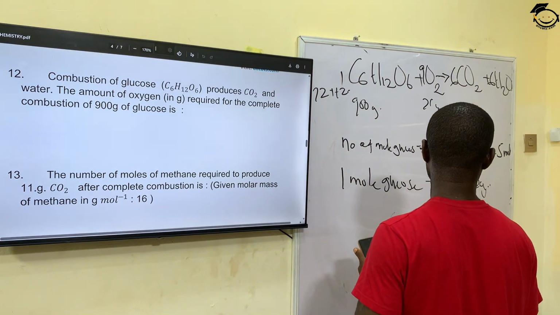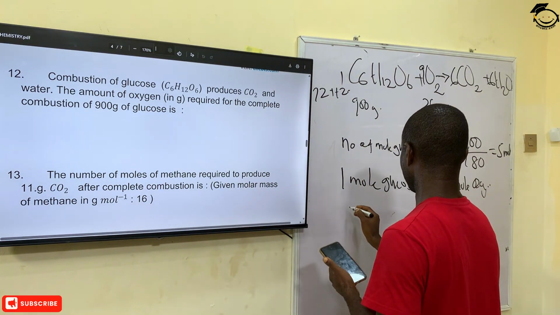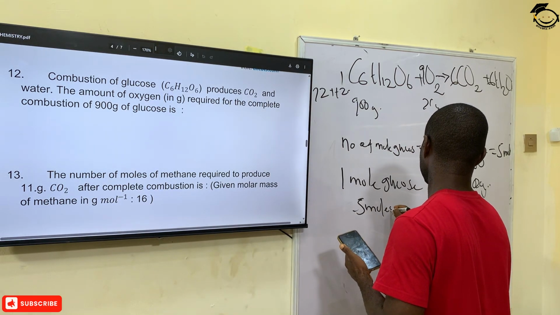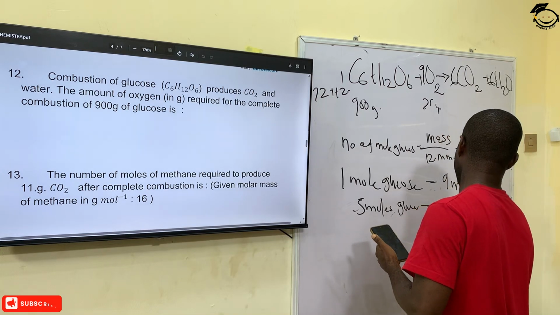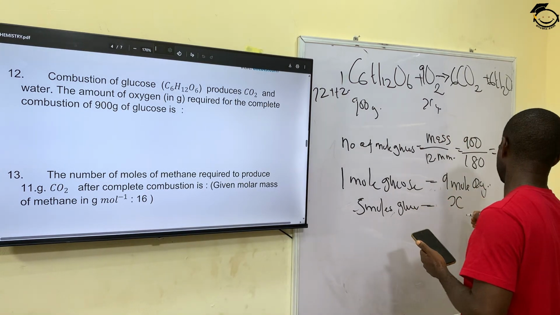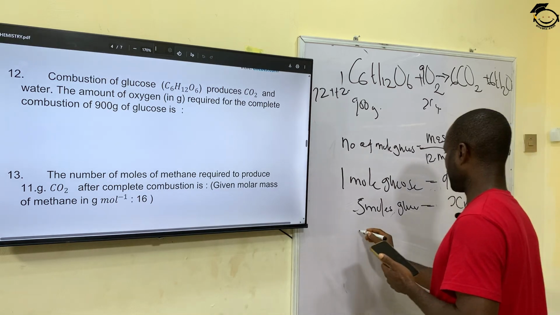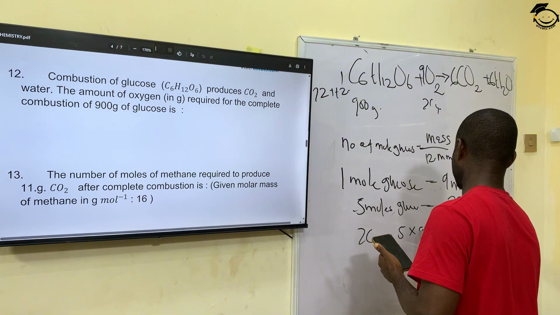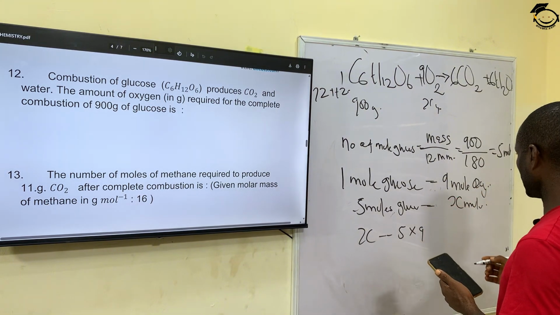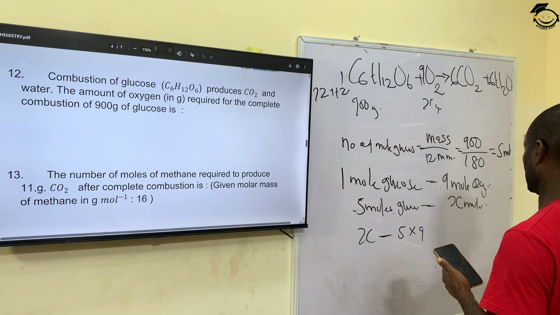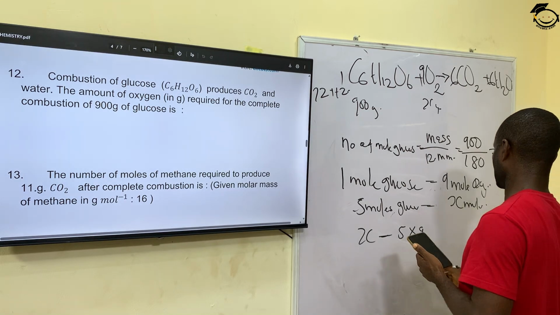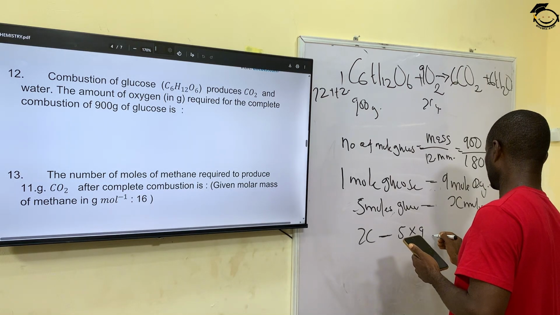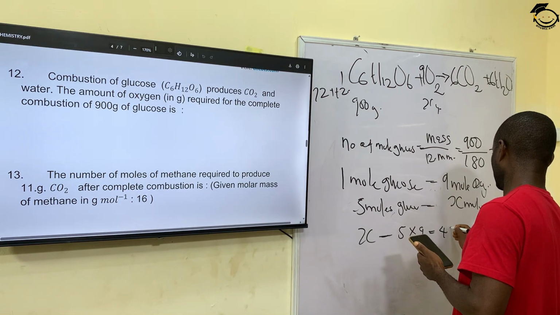So how many moles? Therefore, 5 mole glucose will require X moles of oxygen. Therefore, X, number of mole of oxygen, gives us 5 times 9, that gives us 45. 45 moles.